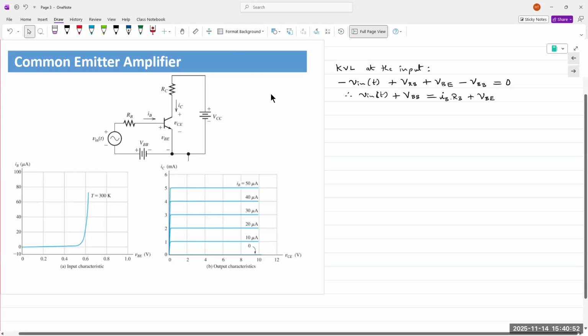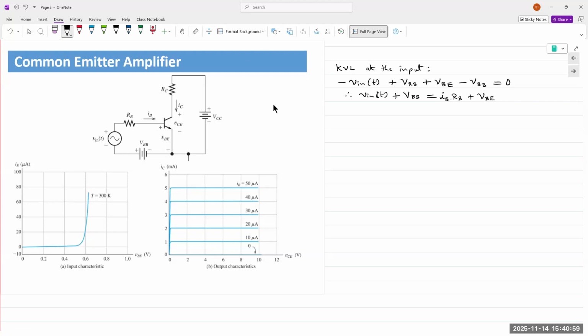But right now we want to plot the load line. With this equation, we set IB and VBE equal to 0 in turn to find the intersection points. If IB is equal to 0, then VBE is equal to VBB plus vin(t).